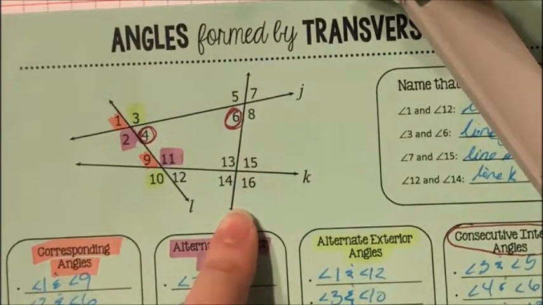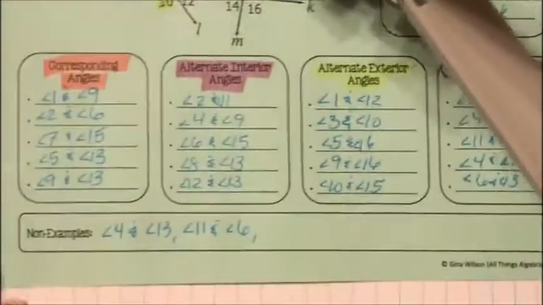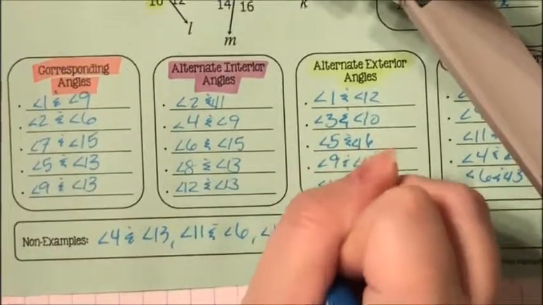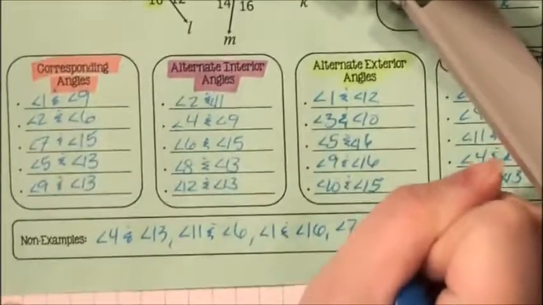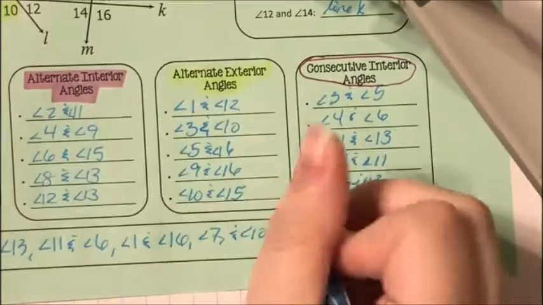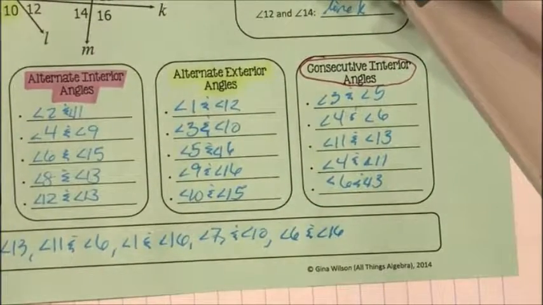Okay. 6 and 16 would be non-examples. So 1, 16, 7, 10, 6 and 16. So those would all be non-examples. Okay. There are other ones as well.